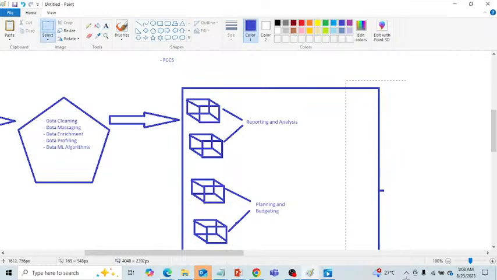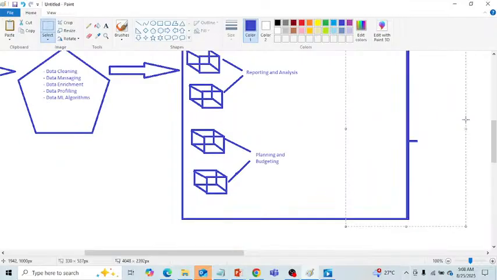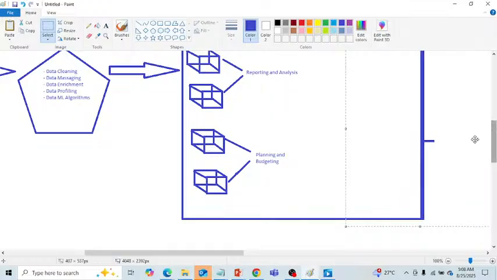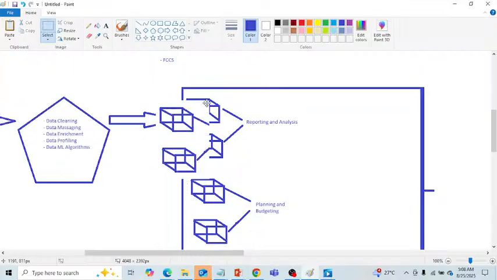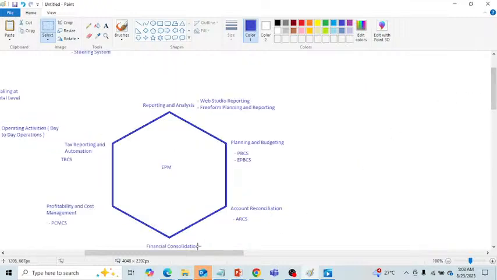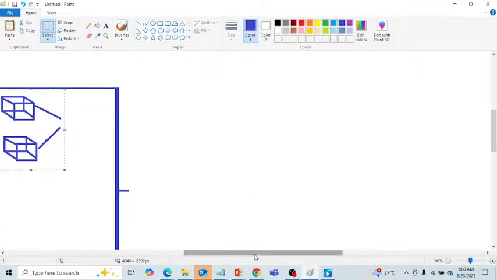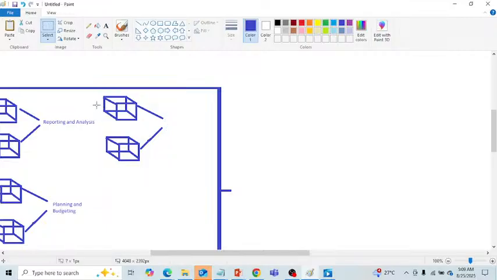Another thing that it includes is financial consolidation for the organization.